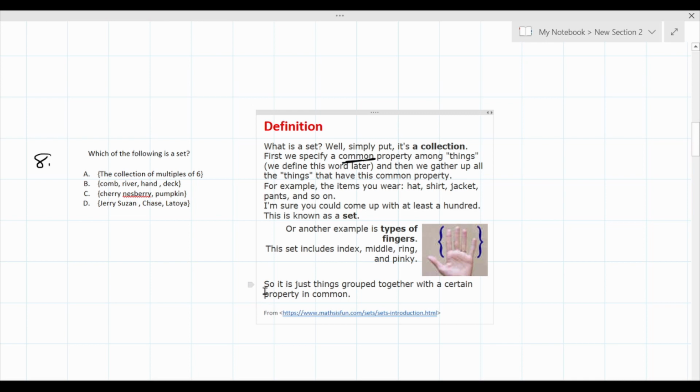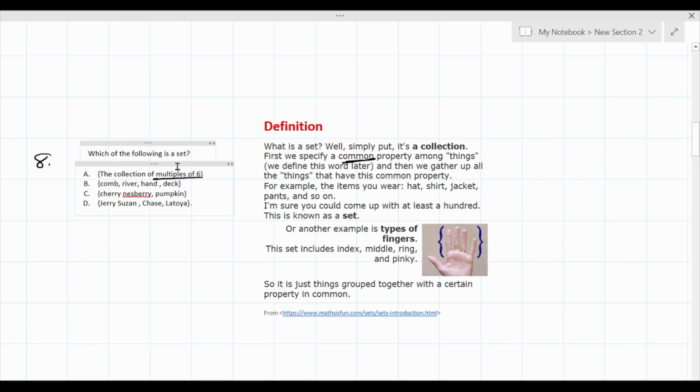So it is just things grouped together with a certain property in common.